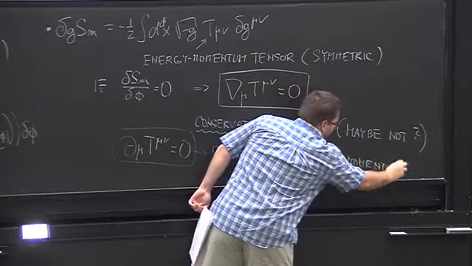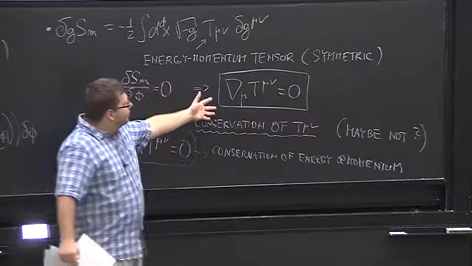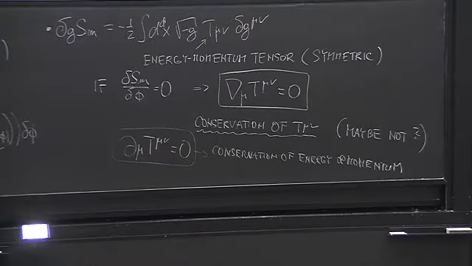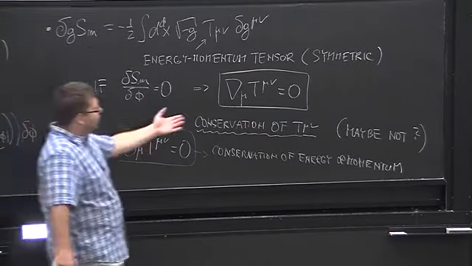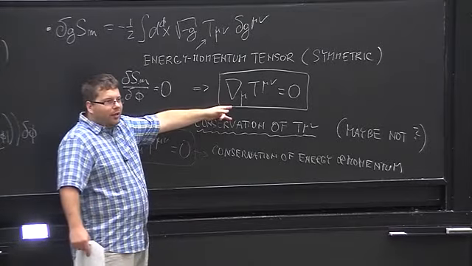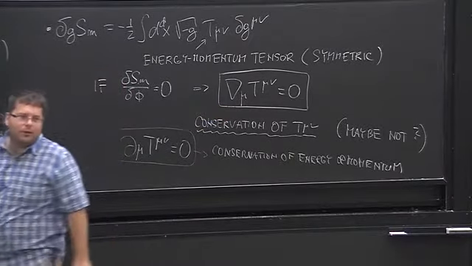And so people might intuitively think that this curved space version also means conservation of energy and momentum in curved space now. However, this is not true. And in general, this equation does not imply any conserved charges whatsoever.